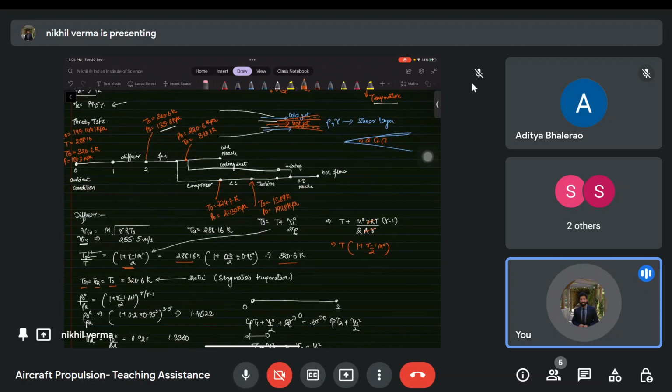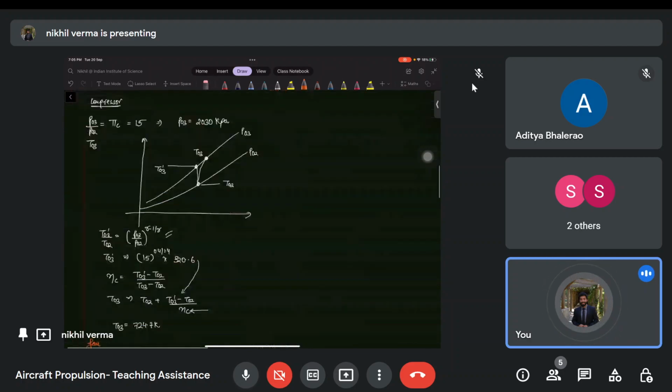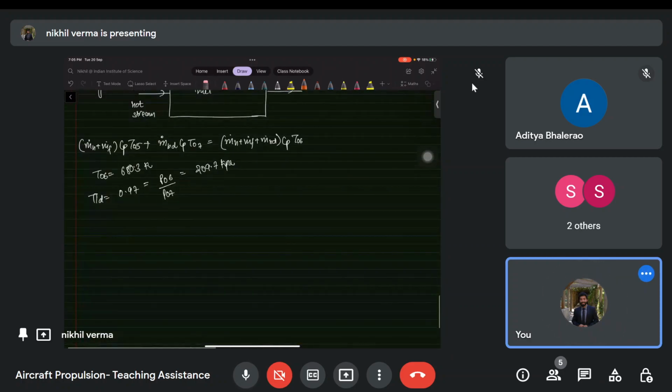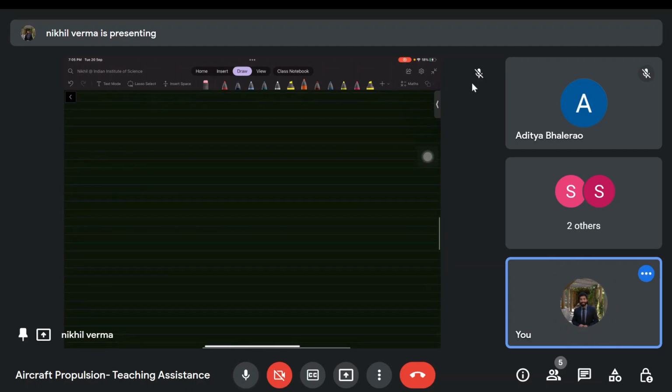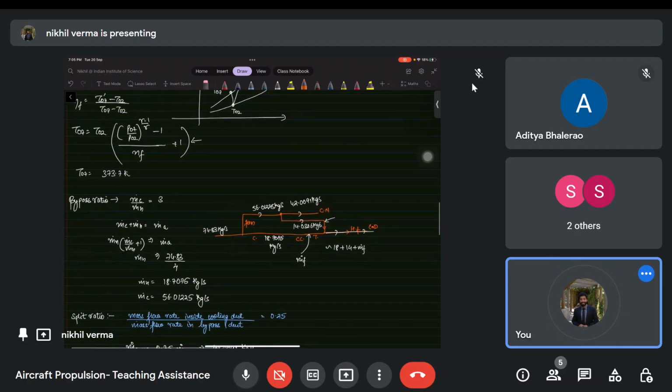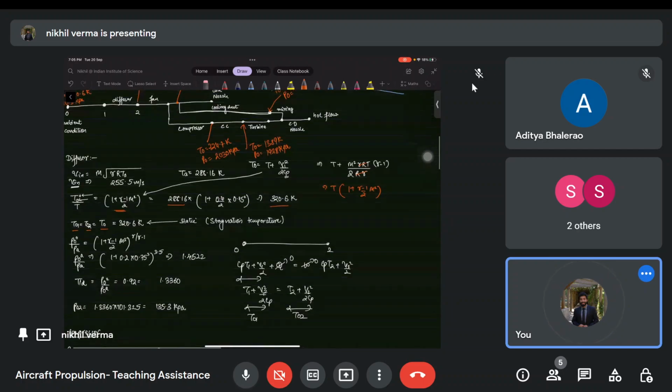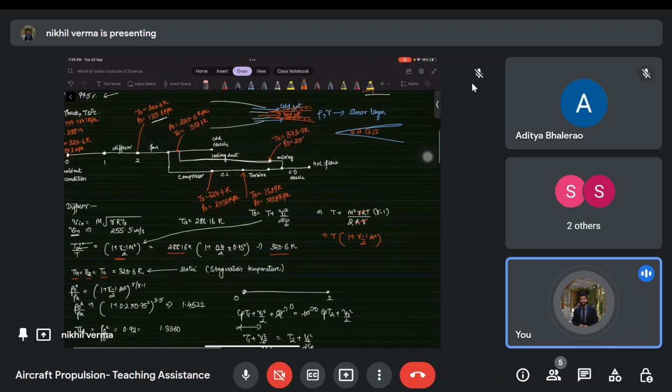After the duct, the temperature T naught remains the same, because you're not adding any heat to the system, and P naught at this point is just 0.97 times of this, which is 209.7 kilopascal.